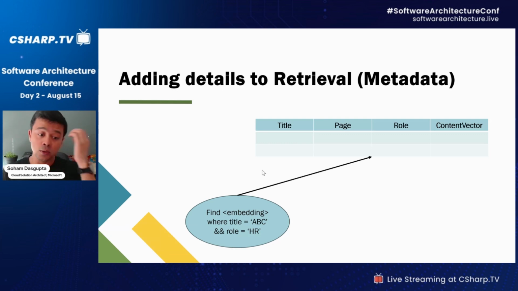So what we can do is add a role column along with other columns within the vector database. So when you're doing a query, you not only query on the content, but also add the role of the user who is invoking the query. In that case, your where clause gets tighter, and you have a better performing query on a database.